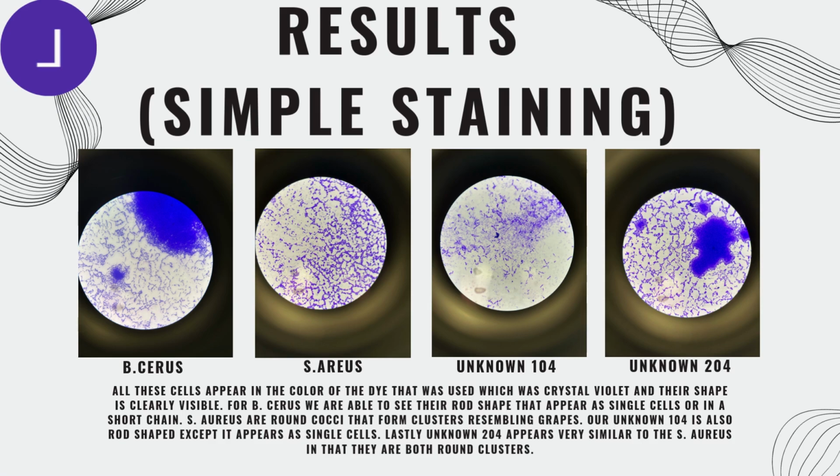It might look like single cells, but you can see some of them form chains, and some others look like independent cells. Also, we can see that our unknown 204 appears very similar to S. aureus, and they're both round clusters that combine multiple colonies into a big chain or cluster.